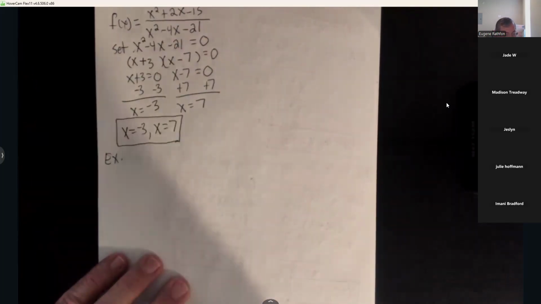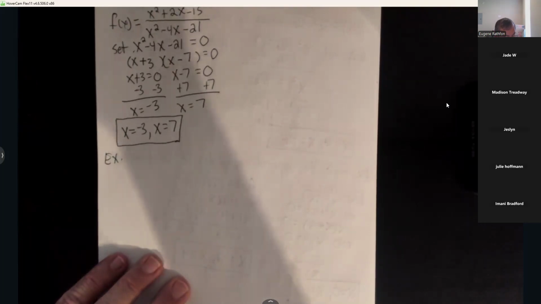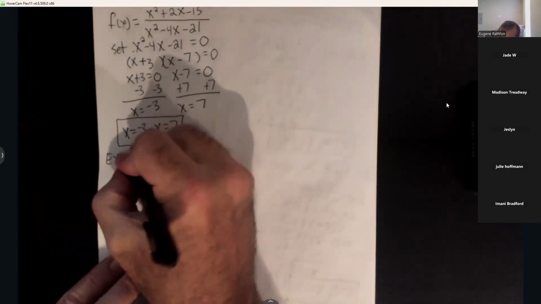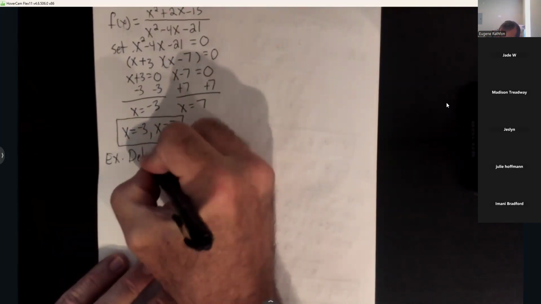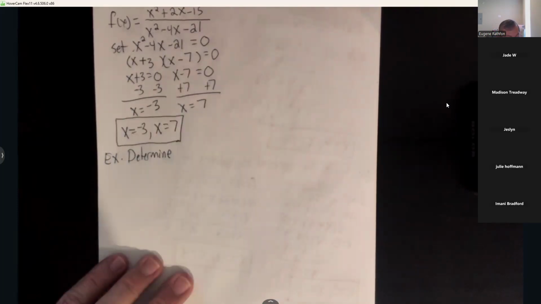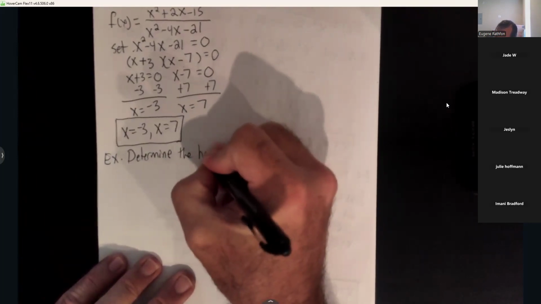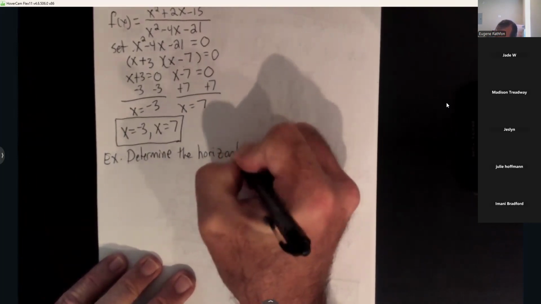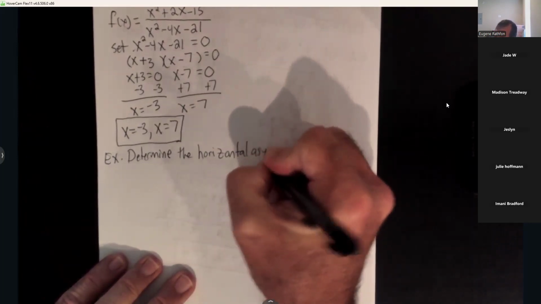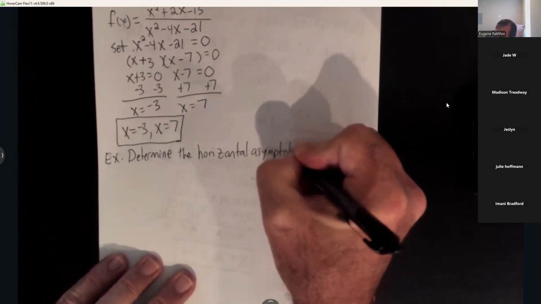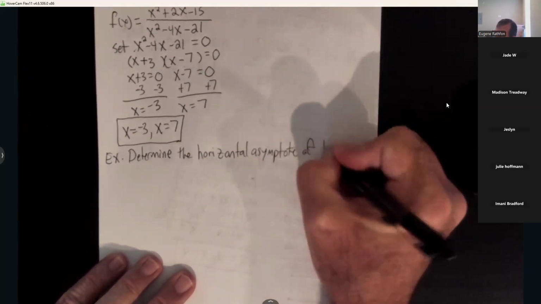So these examples, there's 3 examples we're about to do, and they want us to determine the horizontal asymptotes of the function.